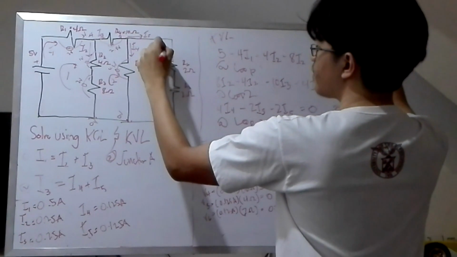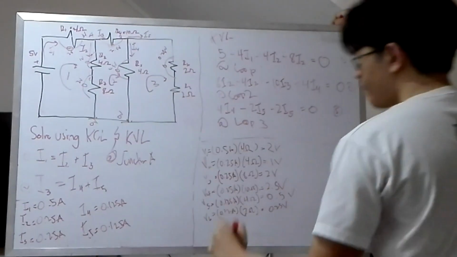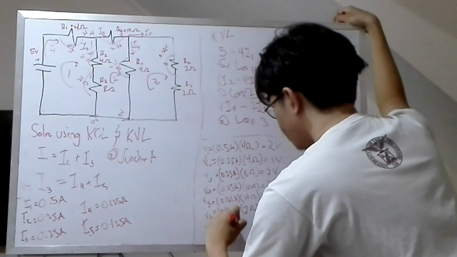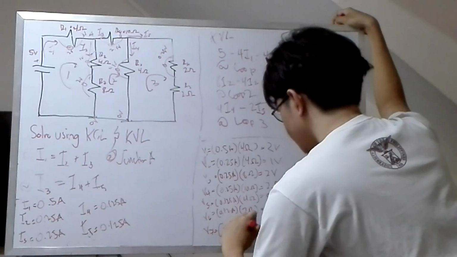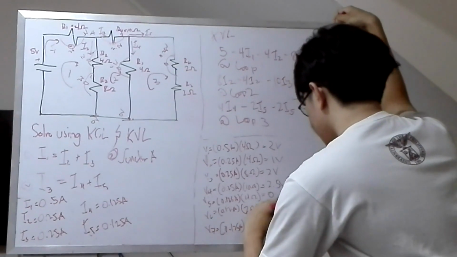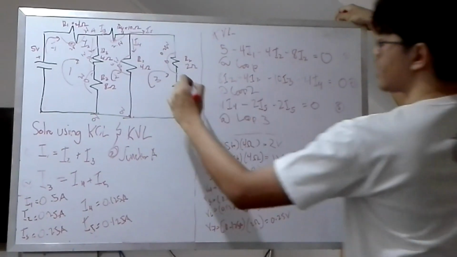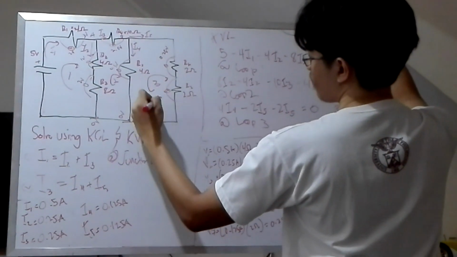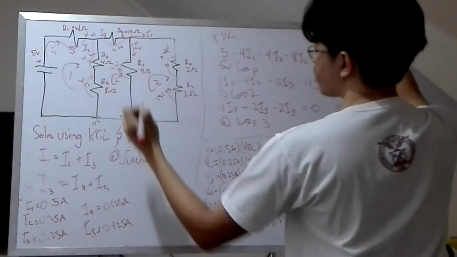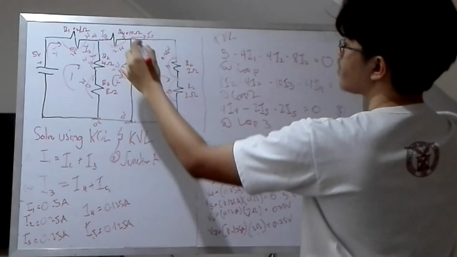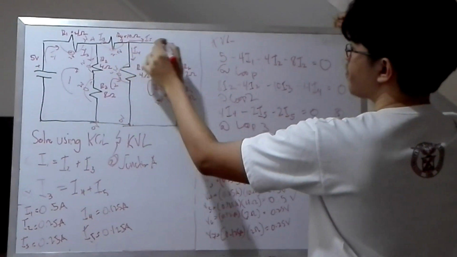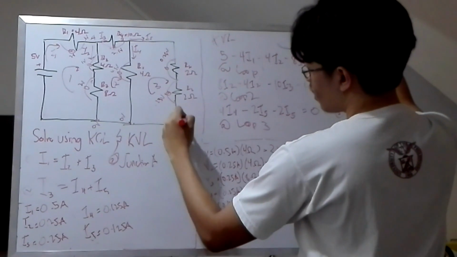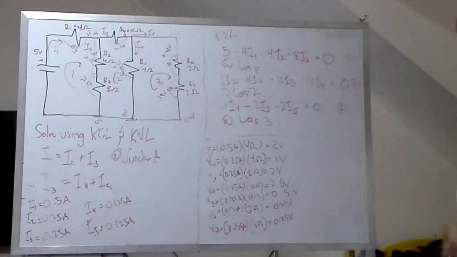And finally, the voltage across resistor number 7 would be I5, 0.125 amps, times 2 ohms once again, resulting in 0.25 volts potential difference. If you add these together, from here there's 0.5 volts, minus 0.25, minus 0.25 once again. If you reach here, you would get, once again, 0 volts, proving it to be correct.